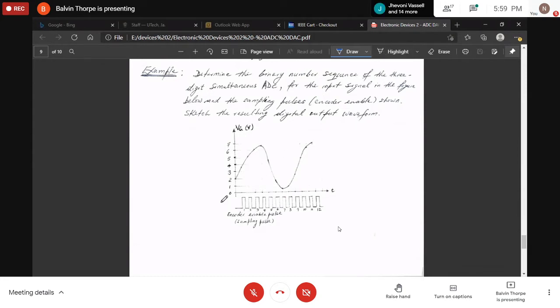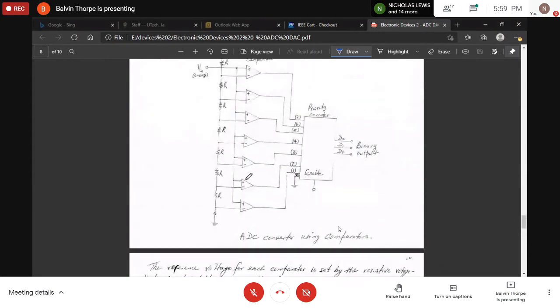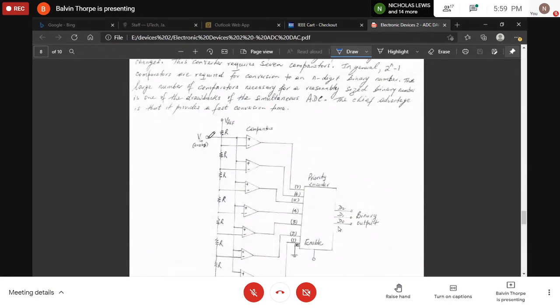So this is your input. This is a signal that is being inputted, going whoop, whoop, whoop. That's the input signal coming in here.